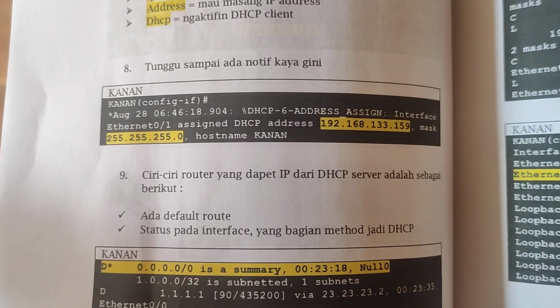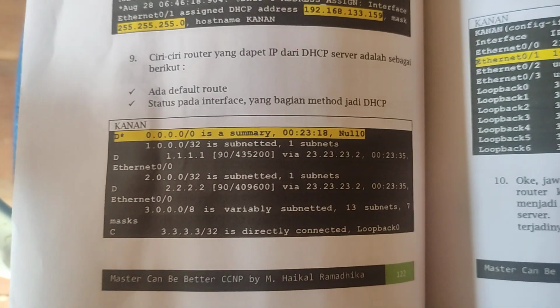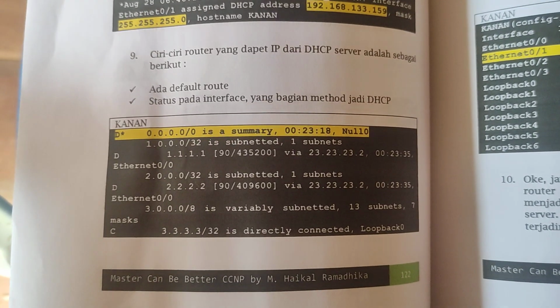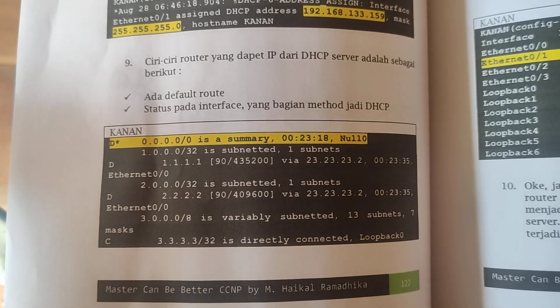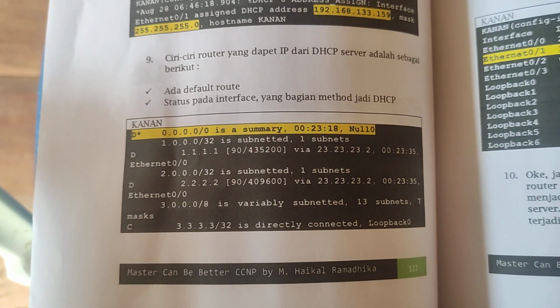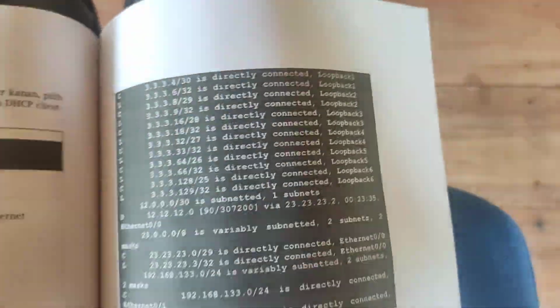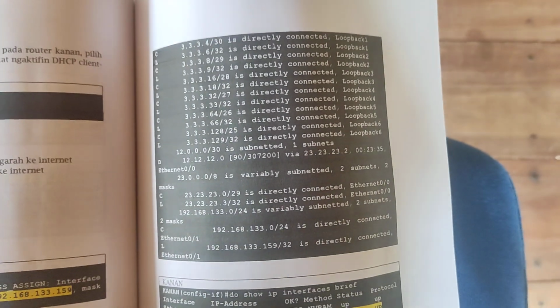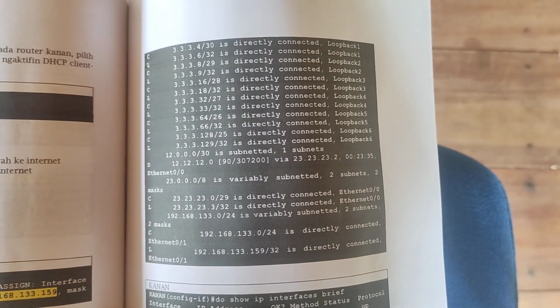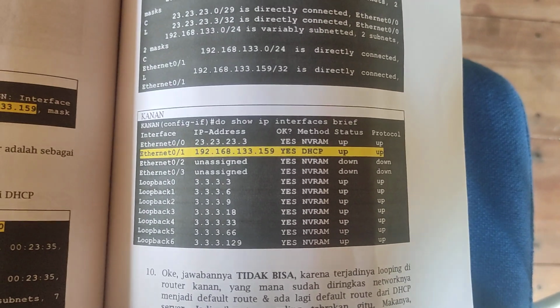for the notification. And then if there is, you can get the IP from DHCP. Okay, this is for the IP address. And then you can do show ip interface brief.